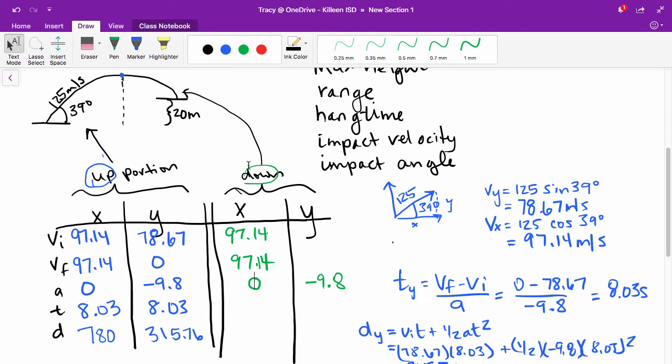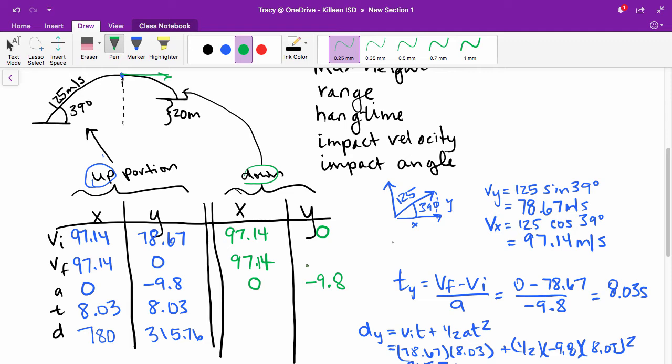So it's kind of like a horizontally launched problem. Right here, everything is now in the x direction. It was 0 y velocity at the top when it's at its max height. So now it's kind of like a horizontal launch. So our y initial velocity for this portion is 0.